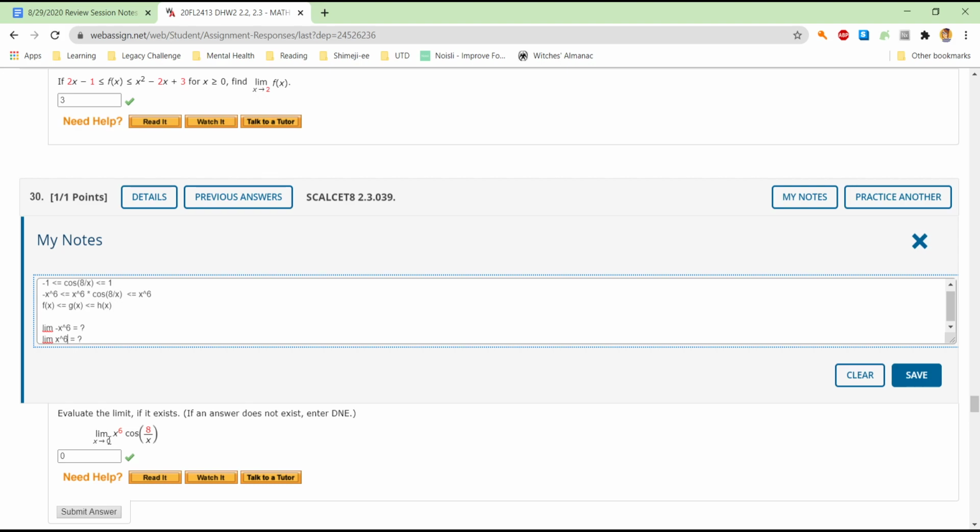So if we plug in 0 to -x to the power of 6, what would we get as our answer? This is actually a question. Zero. Yeah, we get 0. If we plug it into positive x to the power of 6, what answer do we get?